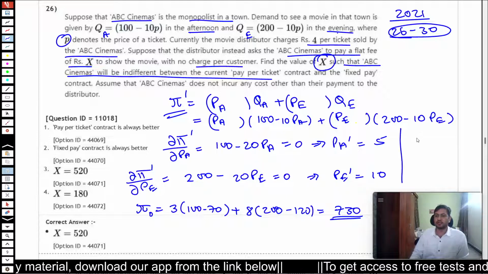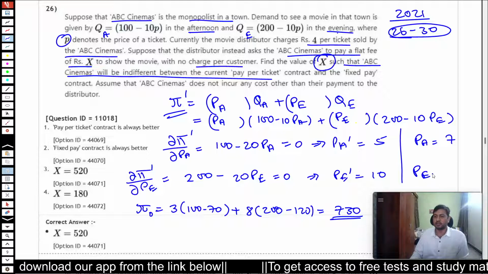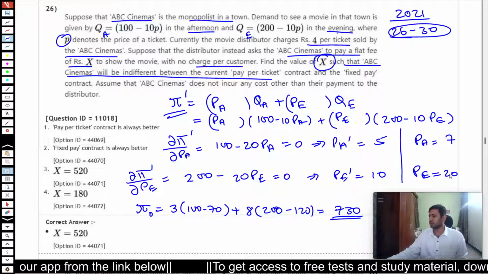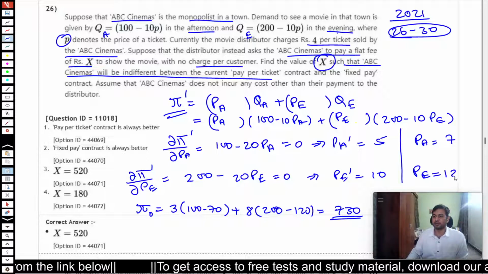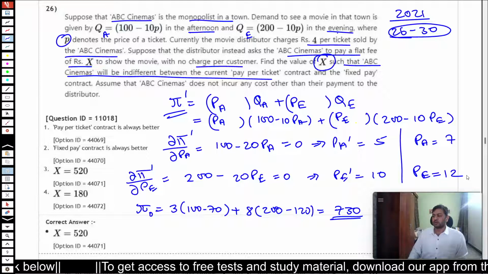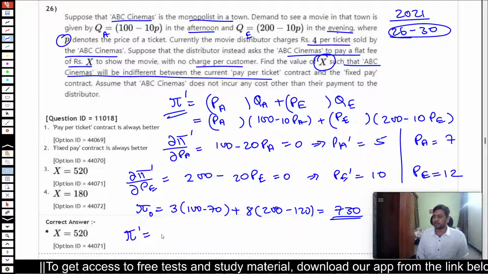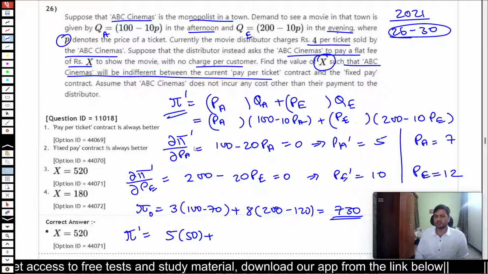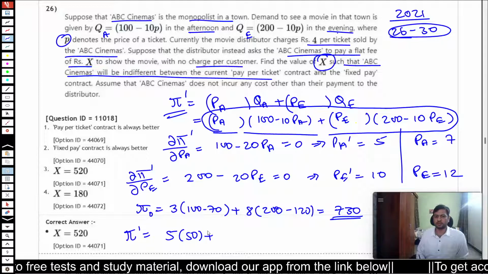Alright, so initial prices were PA equal to 7 and PE equal to 12. Now the prices have gone down because you don't have to pay a royalty fee anymore. So let's try to find the profit. Pi prime is equal to 5 into 50 plus, just substitute into this equation.